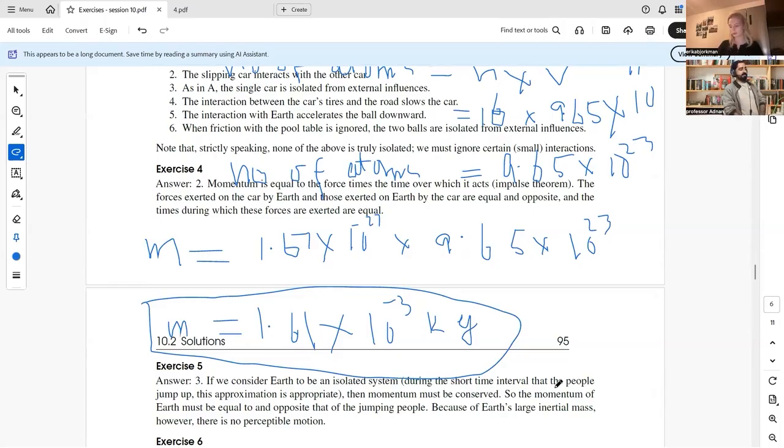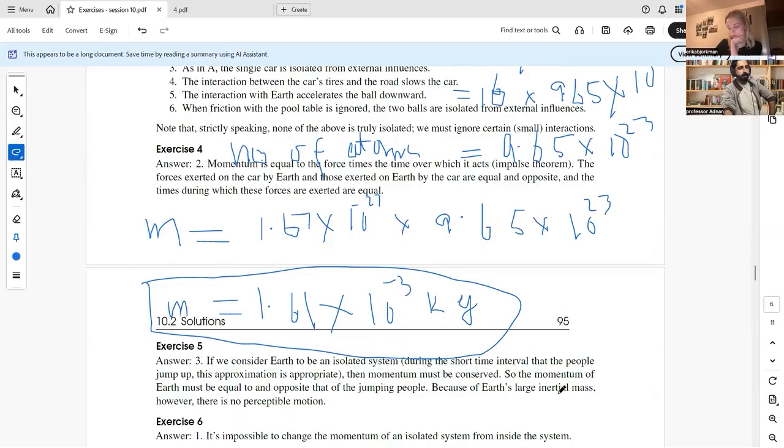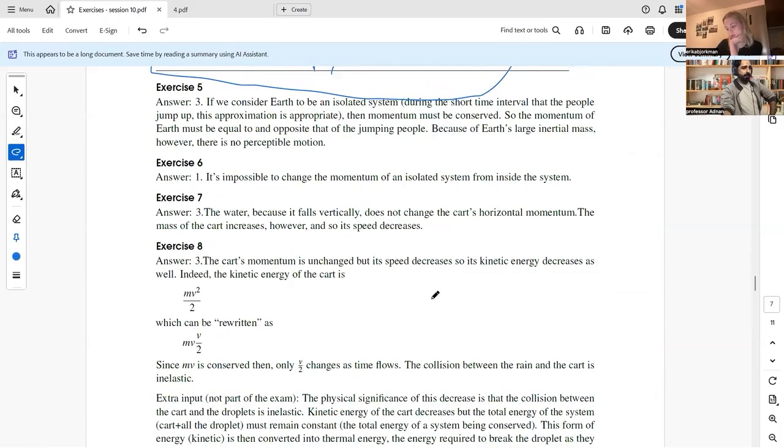Okay, the next case is the speed of the hydrogen atom after collision, which you need to find. Here we are talking about two masses. One is the mass of the spacecraft, the other is the mass of the hydrogen atom that is colliding with the spacecraft. If M is the mass of the spacecraft and small m is the mass of the hydrogen atom, then the mass of the spacecraft is very much greater than the mass of the hydrogen atom.